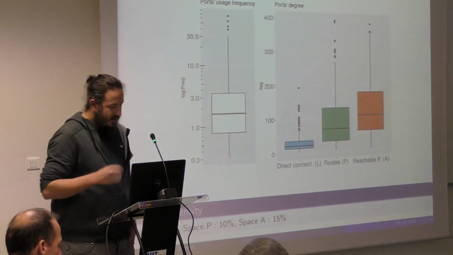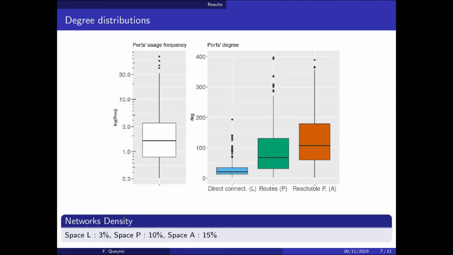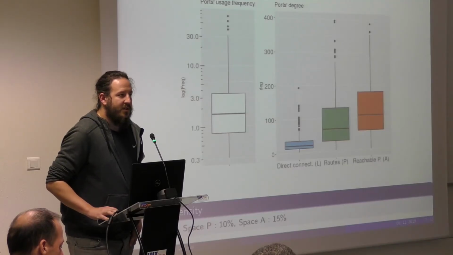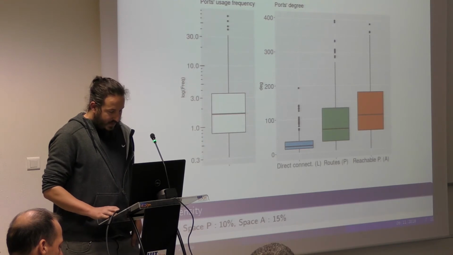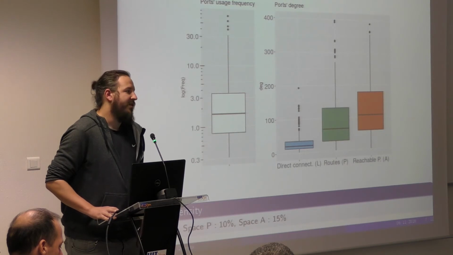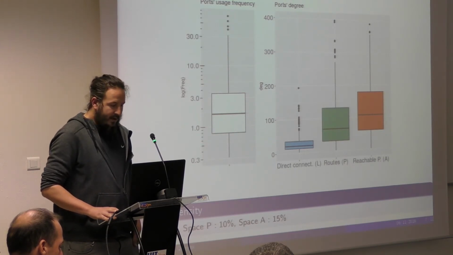So here are some distributions of the different representations built. Obviously we can see that space L, which is only direct connection, is far more sparse than the others. And using a procedure for detecting pathways, we significantly reduce the number of edges in the graph.